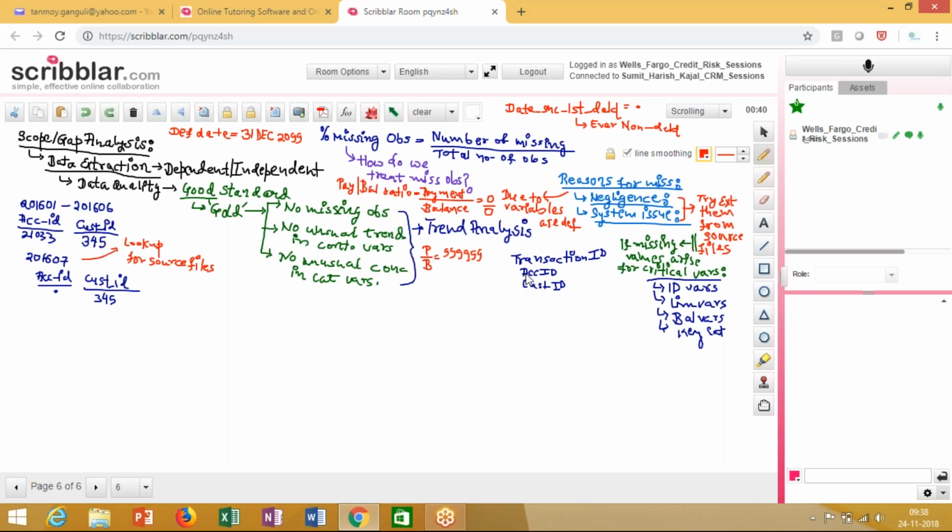Now in this case you can impute. One very important observation from here is that not all missing observations are imputable. I cannot impute all the missing observations.